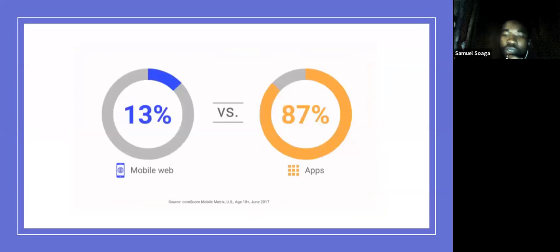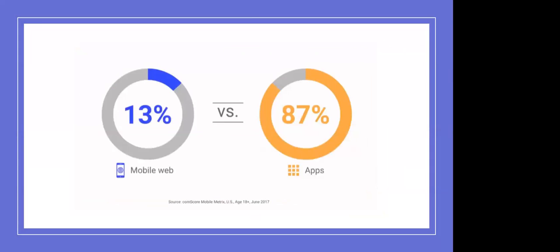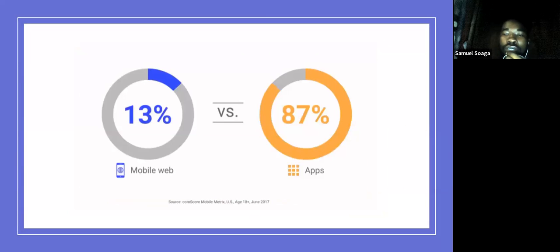Everybody wants a fast and engaging website. So for that purpose, people seem to enjoy using native mobile apps more than mobile webs, because there are some websites that are slow and do not give a good user experience.